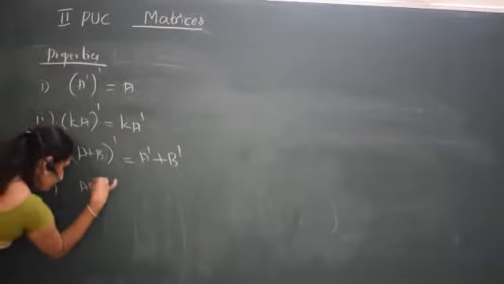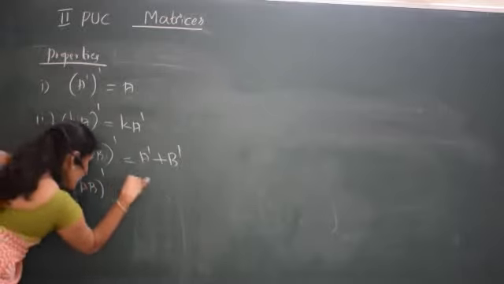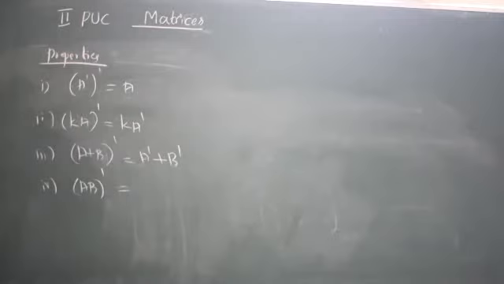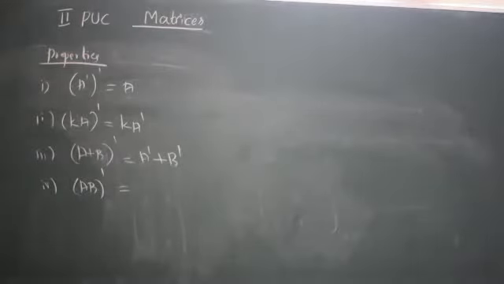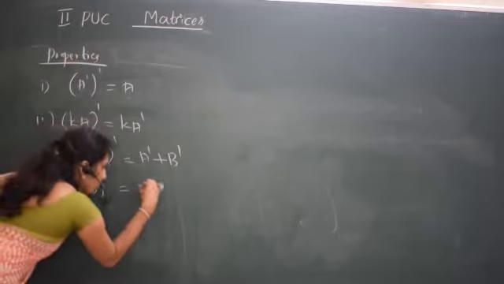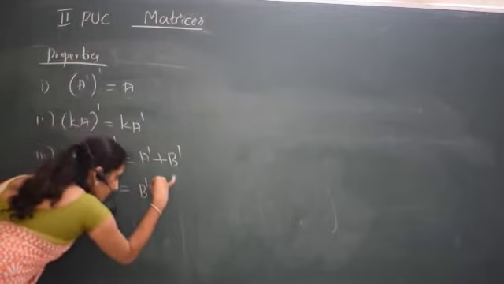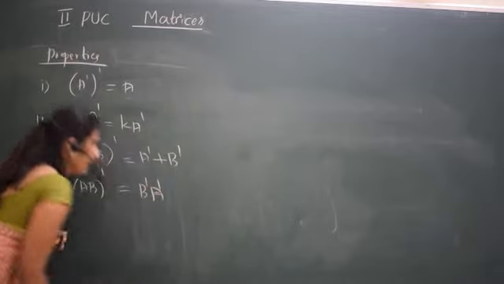Next, AB whole transpose. When we write A plus B whole transpose, it is A transpose plus B transpose, but AB whole transpose is not A transpose B transpose. It will be B transpose into A transpose.